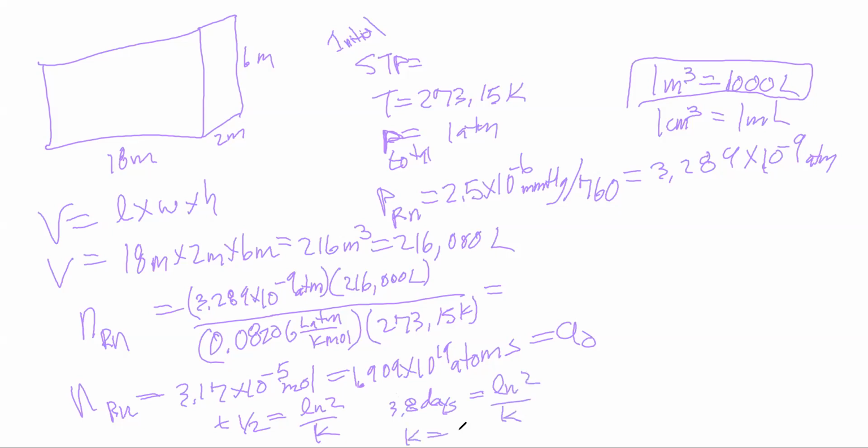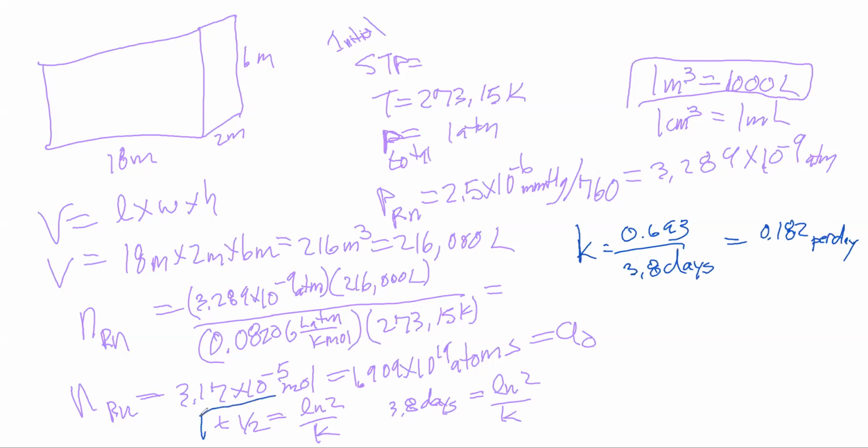So our K value should be 0.693, the ln of 2, over our 3.8 days, and we get 0.182 per day. Does anyone have any questions about where I got that part from?